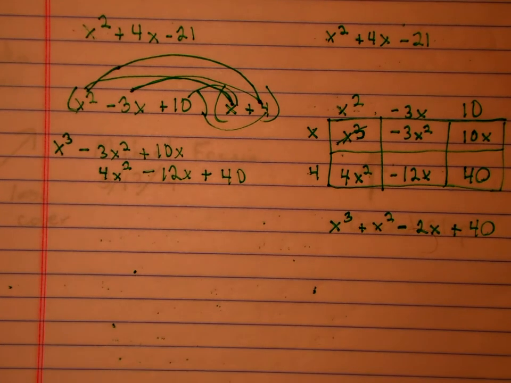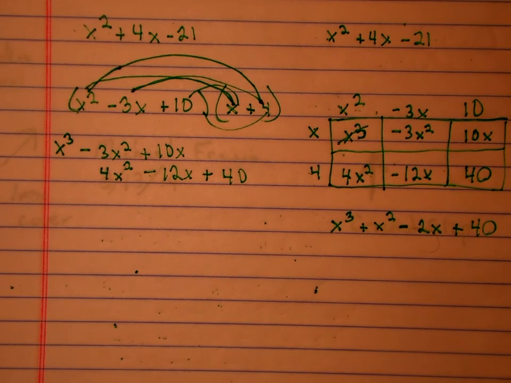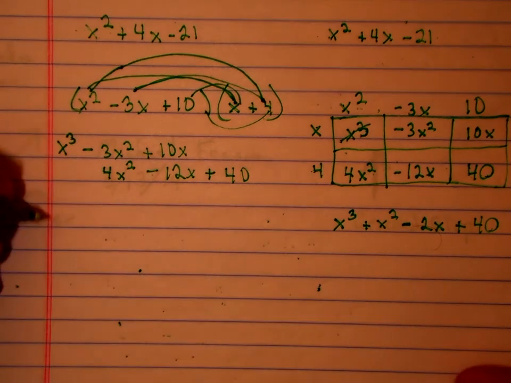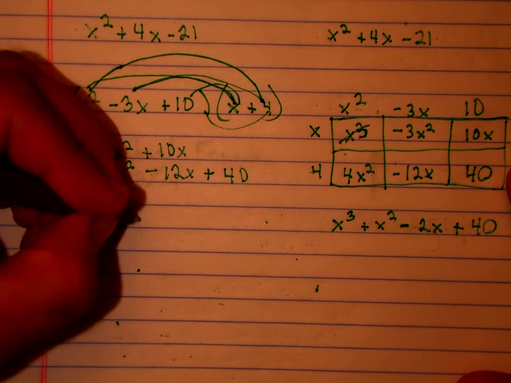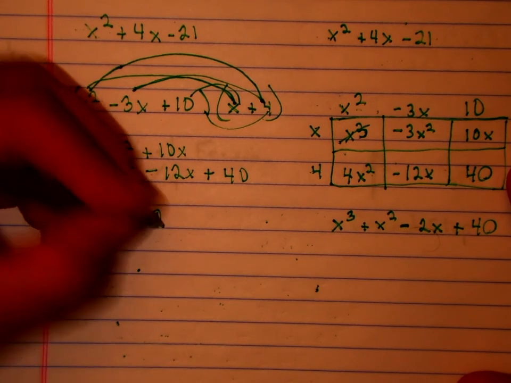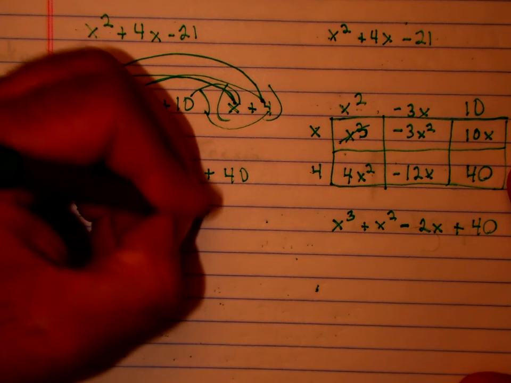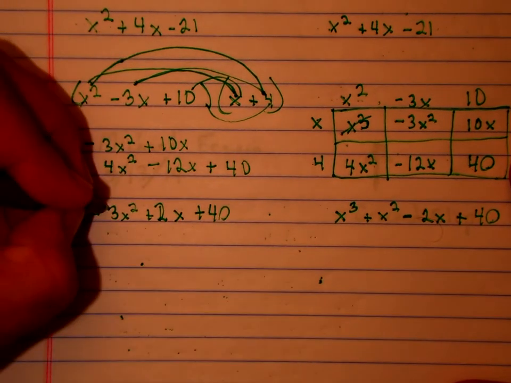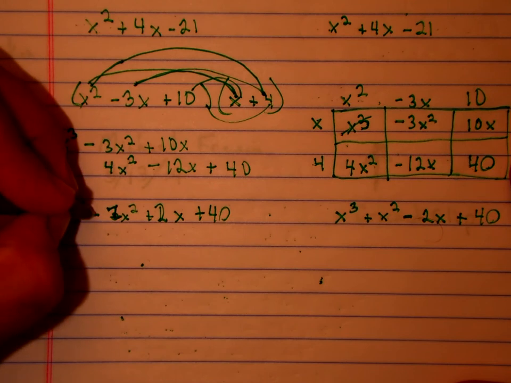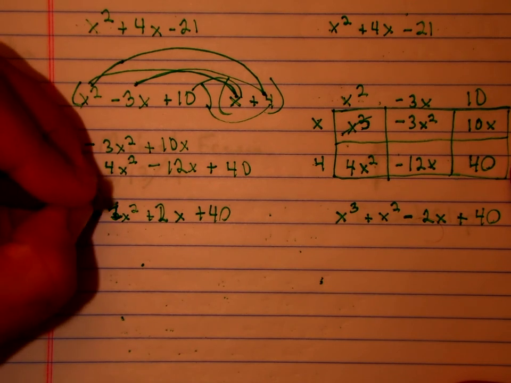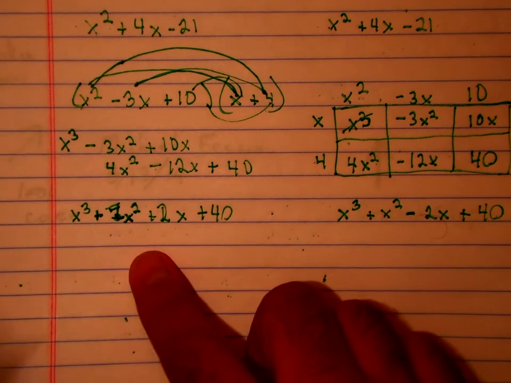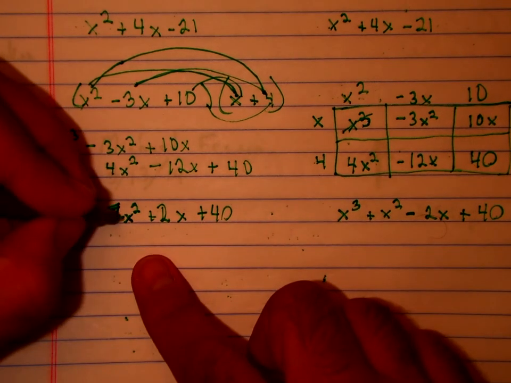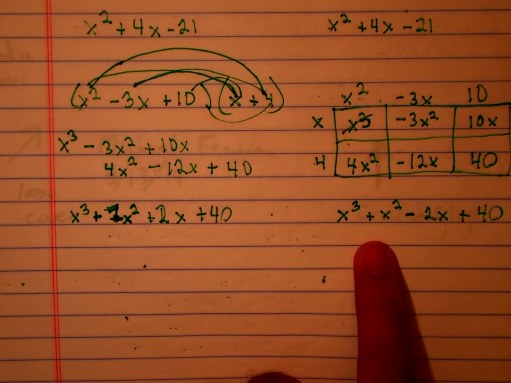Okay. Same concept, just drawn out a little different, and then add straight down. Okay? And I'm going to get the exact same answer. Now the only thing is I put a 1 in front of this one, whereas I didn't put a 1 in front of this one.